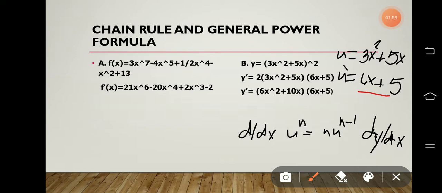So y prime equals 2 times the quantity 3x squared plus 5x multiplied by 6x plus 5. Combine the answer: y prime equals 6x squared plus 10x multiplied by 6x plus 5. So this is the answer.